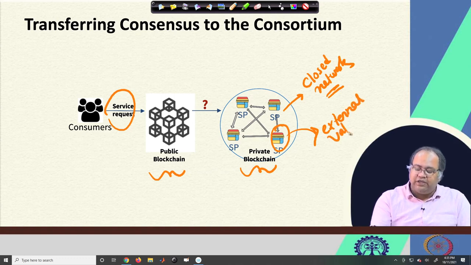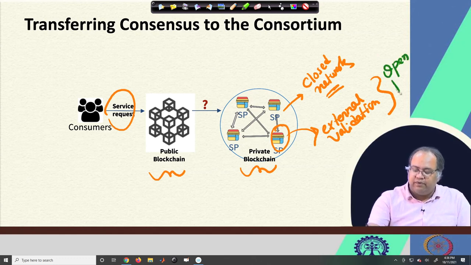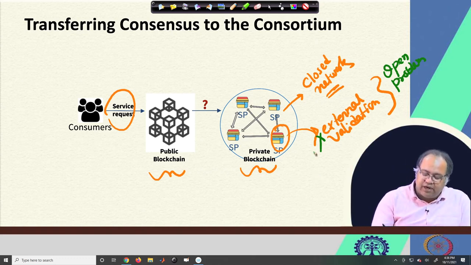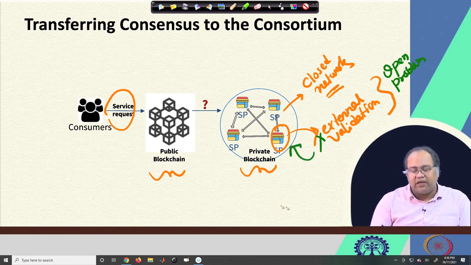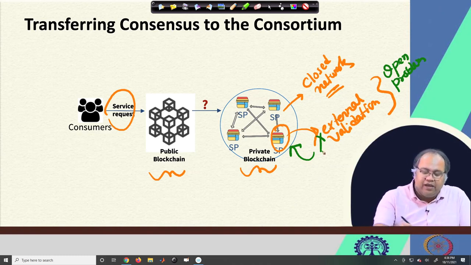How this external validation will be done, we have not thought of. I can mark this as a possible open problem, which we have not addressed in this work. We have just assumed that there would be an external validation procedure through which the service providers will come to this private blockchain network and form a private blockchain among them.